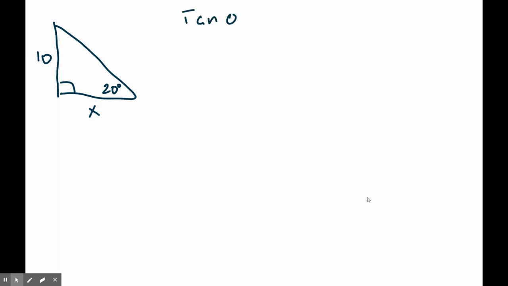Again, we start off with tan of theta over 1 is equal to opposite over adjacent, but we need to label everything here now. So we know that 10 is opposite of theta. So we're going to go ahead and put an O right here. X is adjacent to the 20 degrees, and this will always be the hypotenuse across from the 90 degrees.